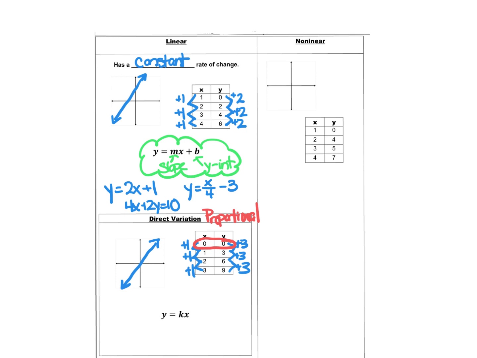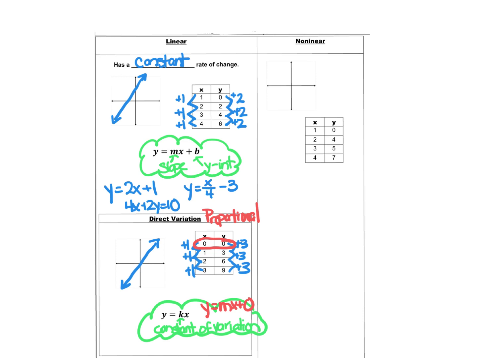And so now if we're looking at our equation for a direct variation, it is in the form y is equal to kx. This k is the constant of variation. It's like our slope. And one of the things that I want you to also notice is that another way you could write this is y is equal to mx plus 0, because it's going through the origin at that y-intercept.